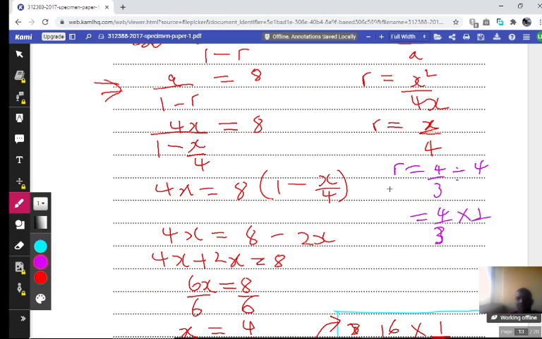This one cancels this one, and it will be 1 over 3. So that will be your r.